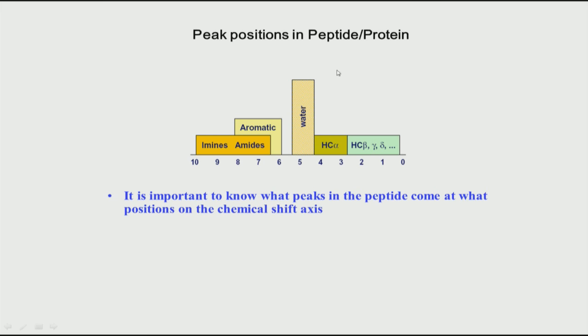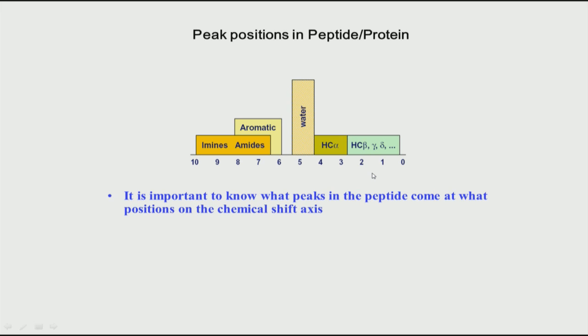One thing you should keep in mind is that this whole picture shown here is conserved, meaning the same for every peptide. Very rarely will you get unusual values. Of course, this is for naturally occurring amino acids.